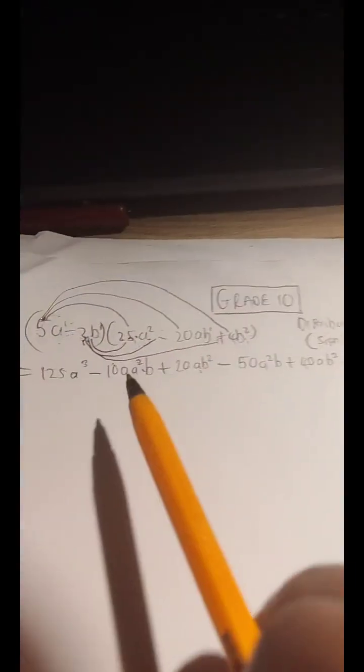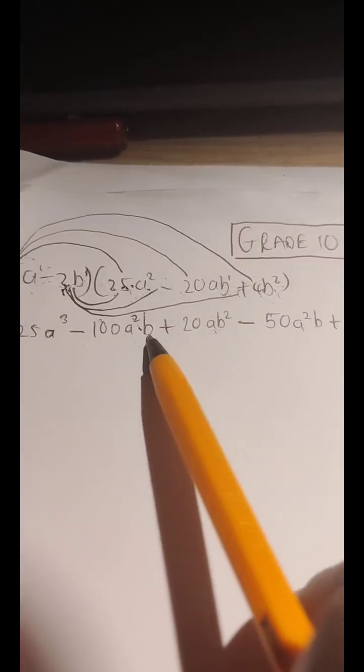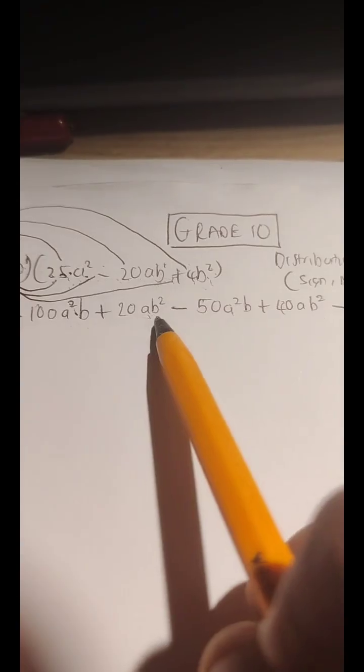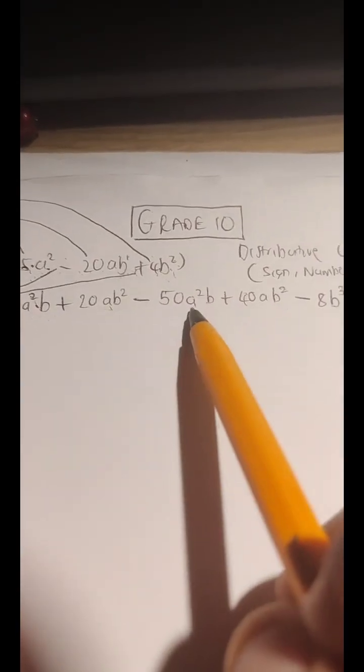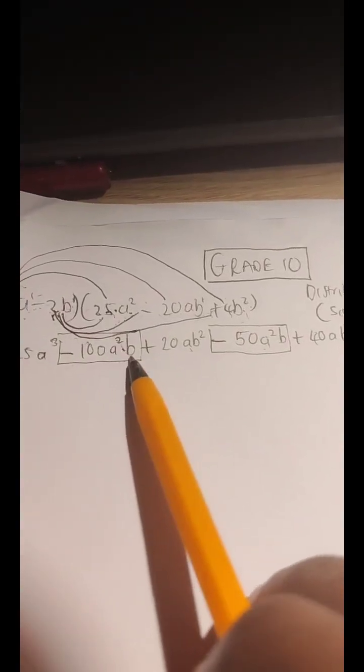Okay, so if we look at negative 100a squared b, who is similar to it? We're looking at a squared b. This is ab squared, so it's not the same as that. This is a squared b, so this is the same term as that. Why? Because they both possess a squared b.